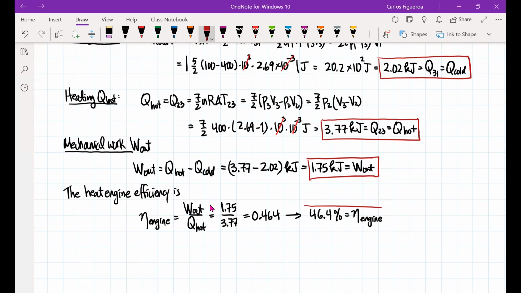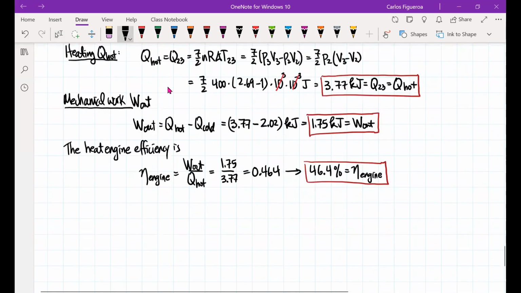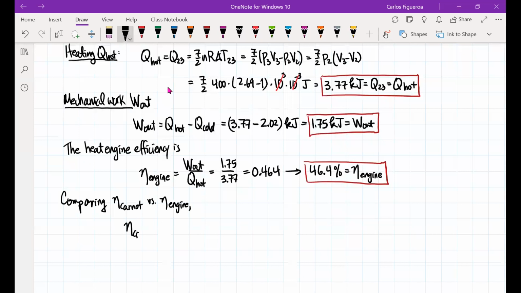So now I have this quantity right here. So now what I'm going to do here is that if I look at my efficiency, the Carnot efficiency, if I'm comparing the maximum efficiency of Carnot versus that of the engine, we see that eta of the Carnot, which in our case was 75%, is greater than the engine efficiency, which is 46.4%.